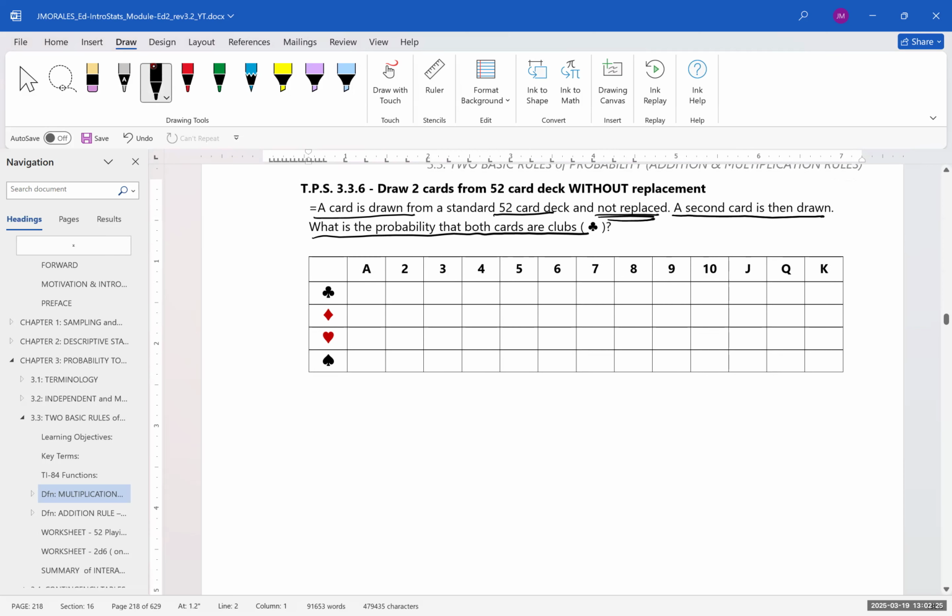All right. So in order to calculate this probability, we're going to have E be that the first card is a club.